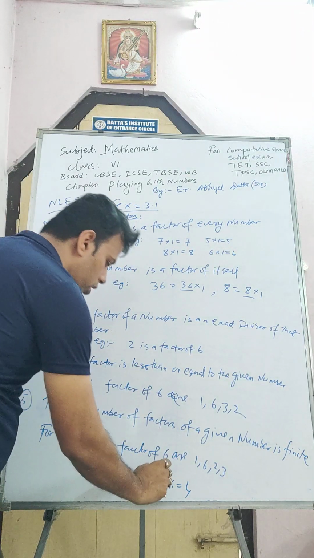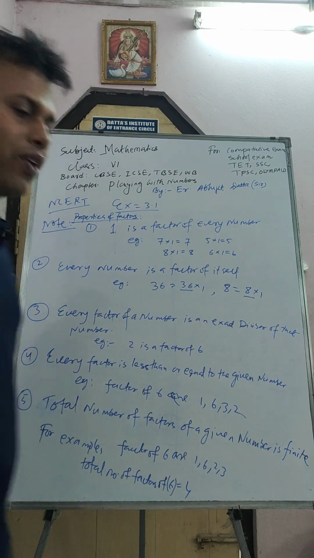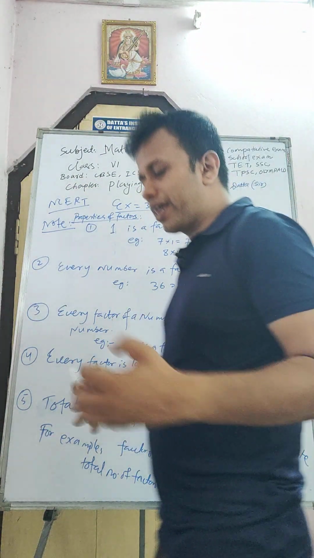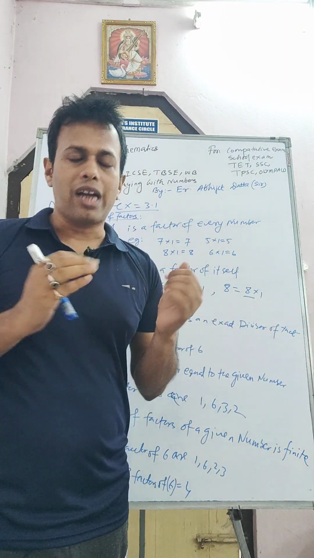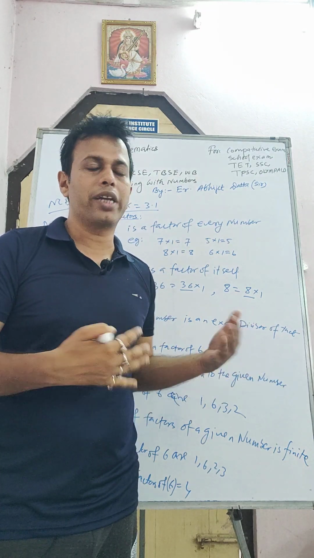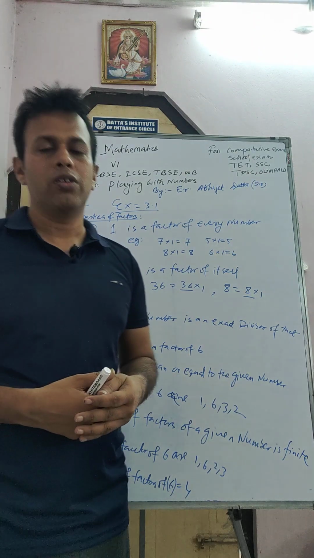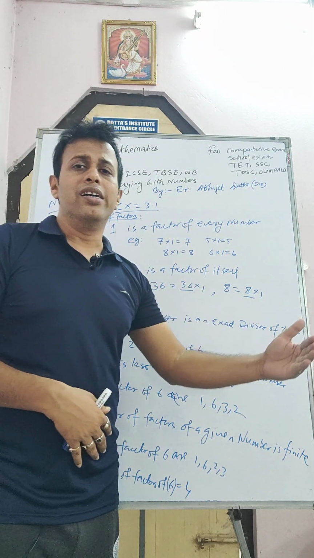So 4 is a finite number. Finite number means we can calculate it, we can count it. Those numbers that are countable are known as finite numbers. 1 crore, 10 crore, 10 lakhs, 1 lakh, 3, 4, these are finite numbers. And what is an infinite number?